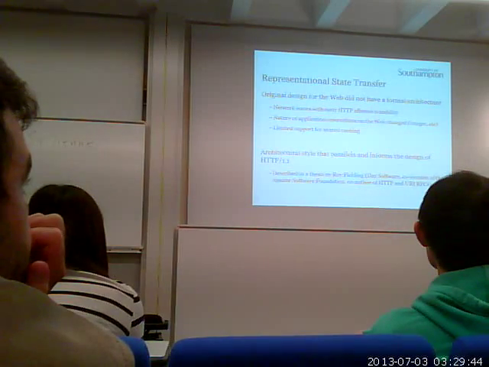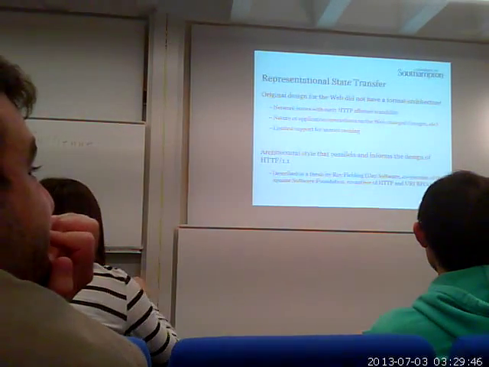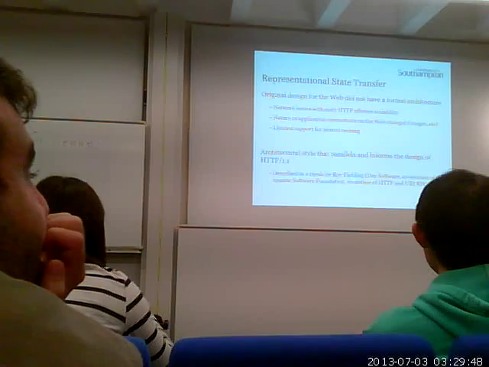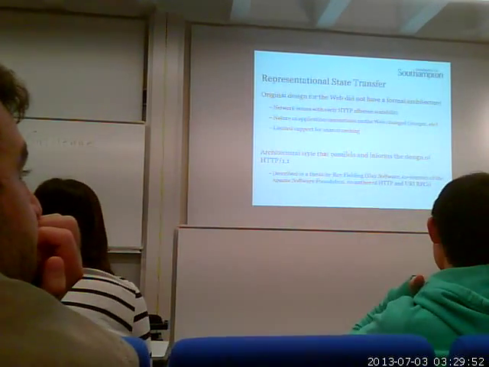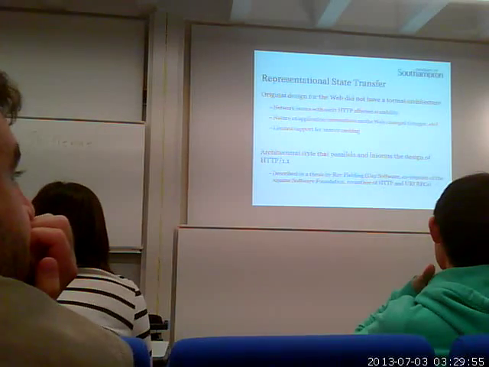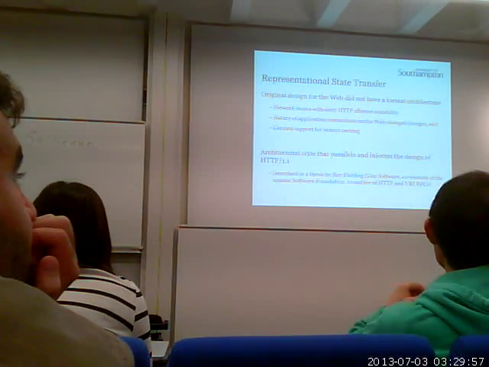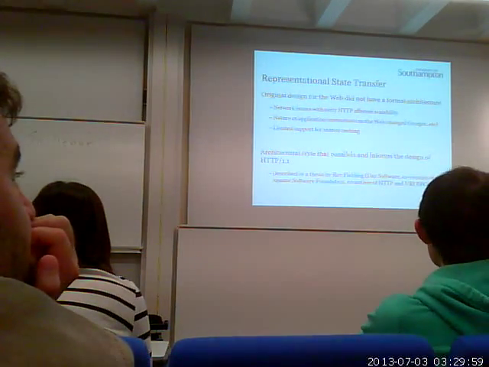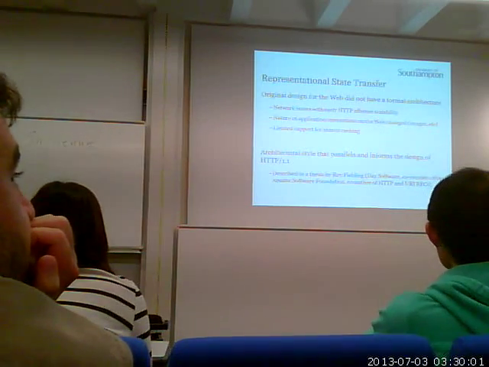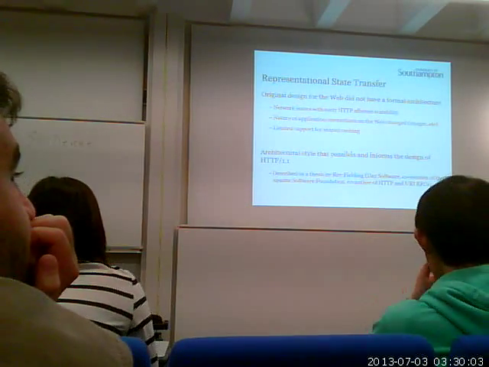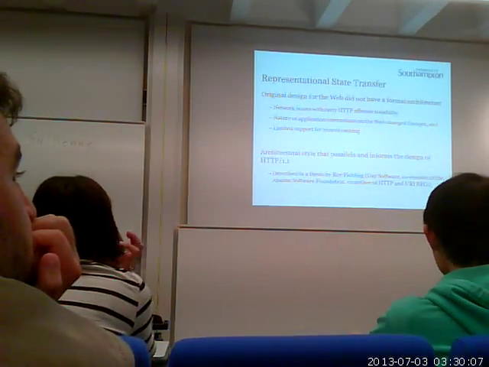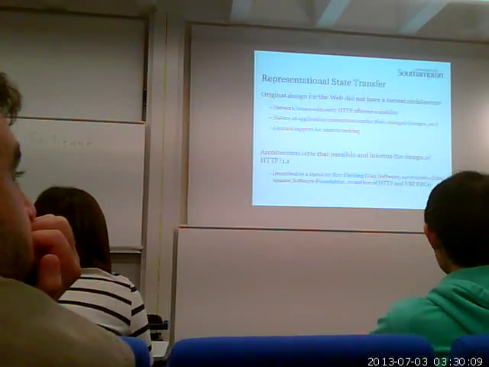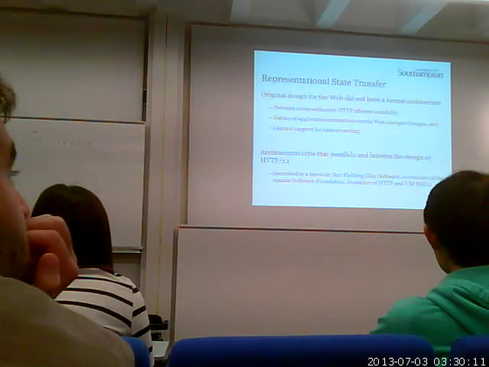wrote a PhD thesis. And in his PhD thesis, he looked at the idea of structuring applications on the web and provided an example architecture, or a set of constraints and a set of principles for being able to build applications that make use of all of those bits of web technology that we've seen before in a sound way.